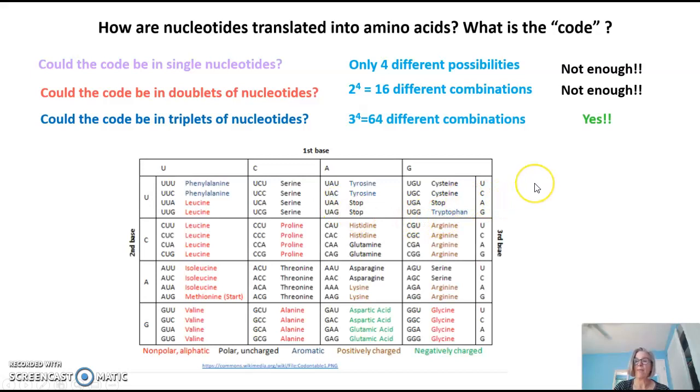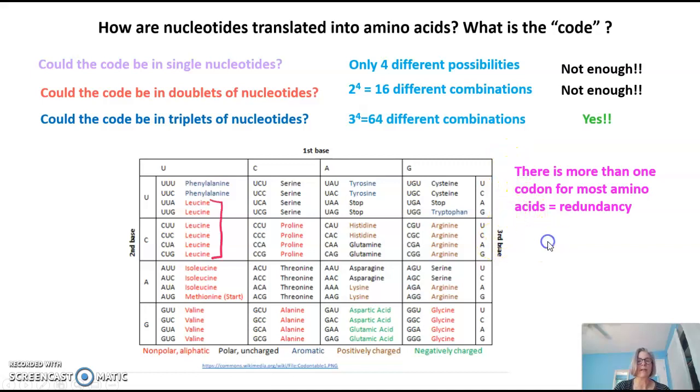Scientists have actually deciphered this genetic code, and they know what codon codes for each amino acid. You do not need to memorize this codon table, but you will need to know how to use this codon table. So let's go through some of the unique things about this table. First of all, there's more than one codon for most amino acids, and that's called redundancy.